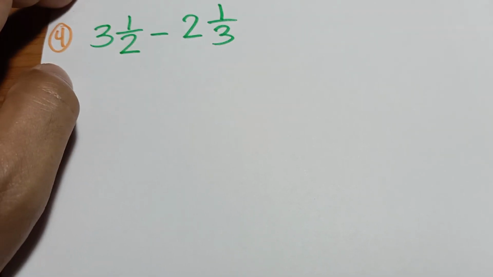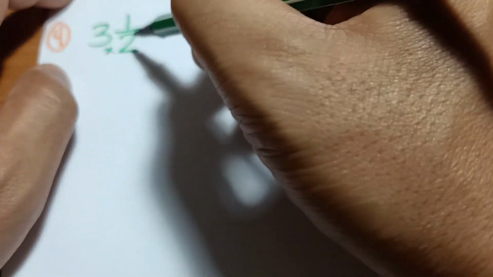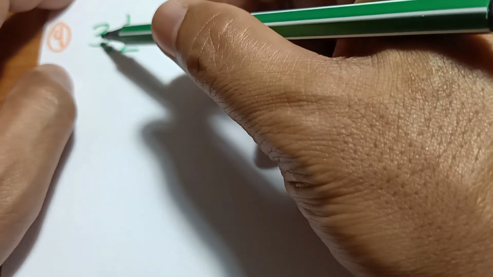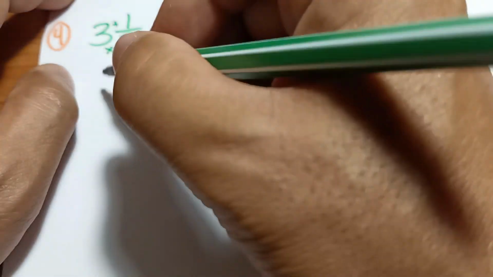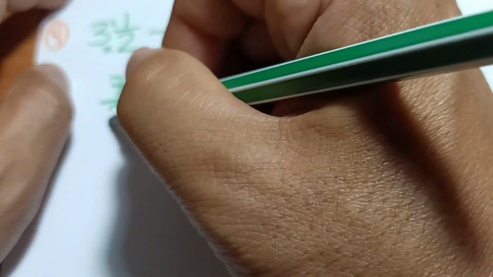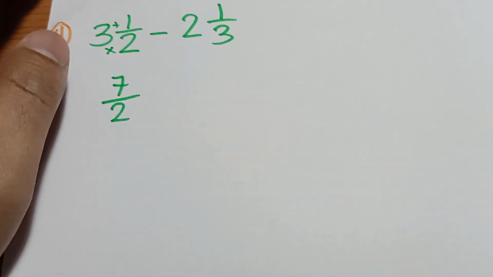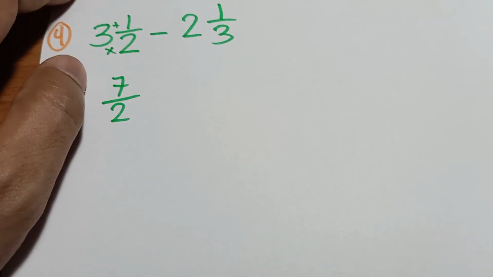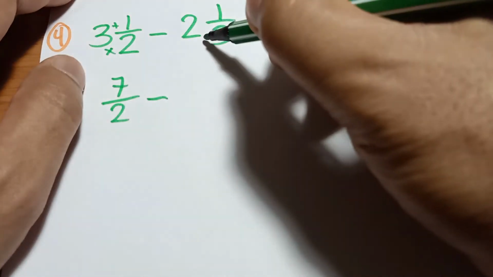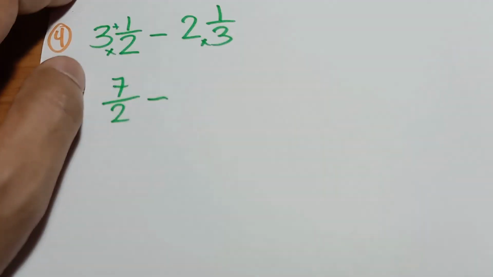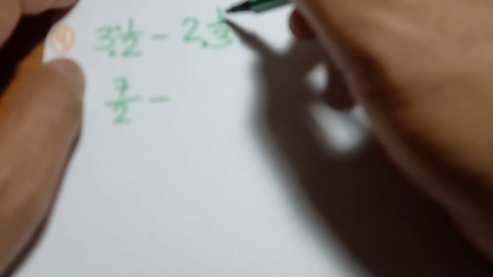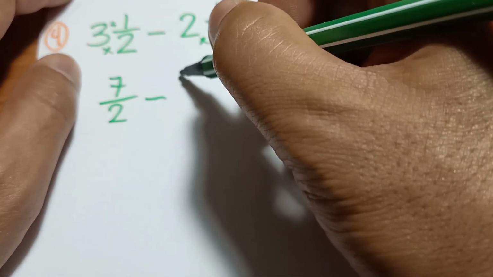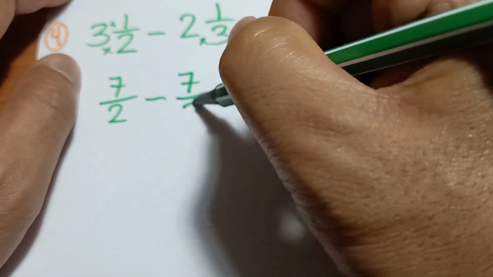So in my second way, we just multiply this one. 2 times 3, 6, plus 1 is 7 over 2. So we just convert it into improper fractions. Minus 3 times 2, 6, plus 1 is 7. So this is 7 over 3.